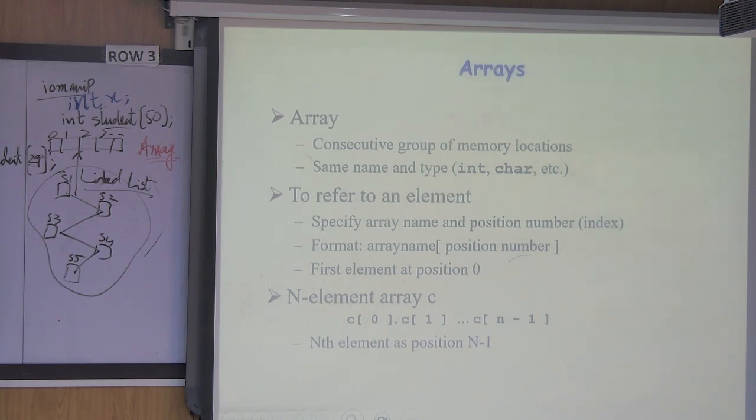Means how to refer to a particular element, the name of the structure along with the value. Location, student 2, second floor, student of 0. We normally pronounce it as, in formal terminology, student subscript 0. Student subscript 29. Student of 0, student of 1, normally just pronounce it like that.